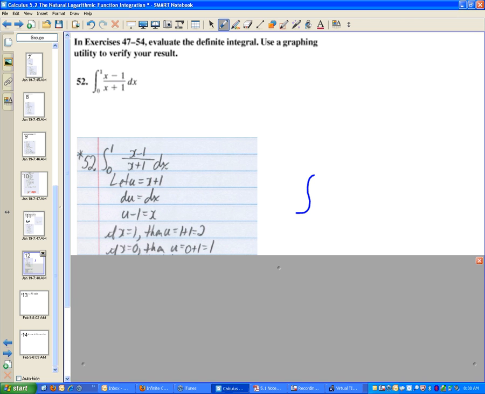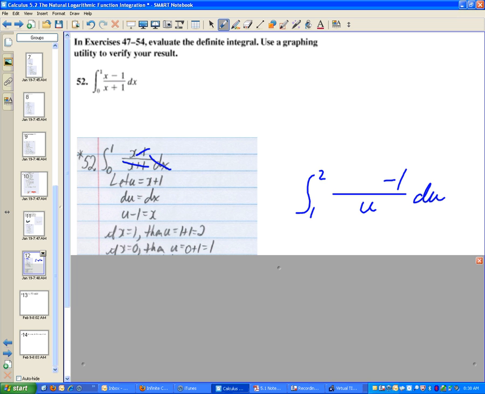So the integral is now going to be from 1 to 2. The x plus 1 in the denominator is replaced with u. The dx is replaced with du. So I've replaced all of that so far. The negative 1 in the numerator stays negative 1.